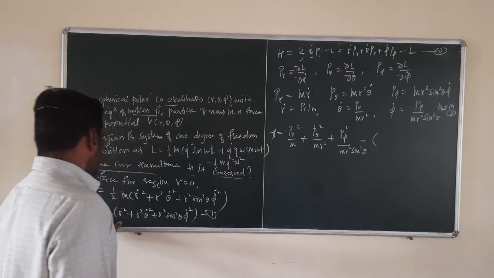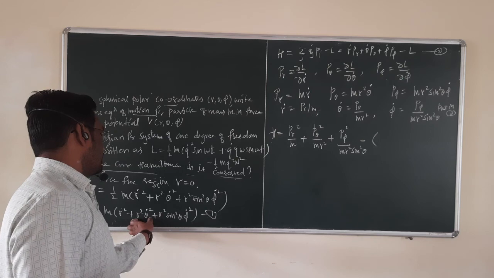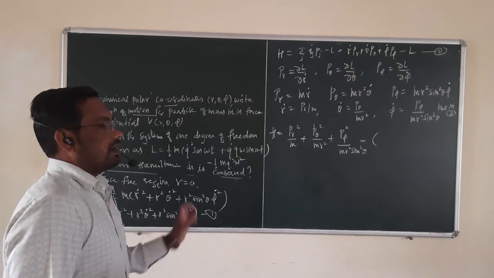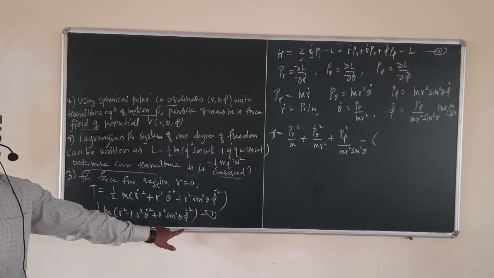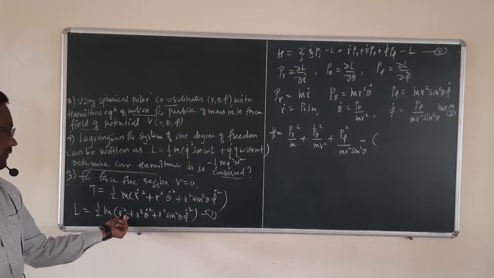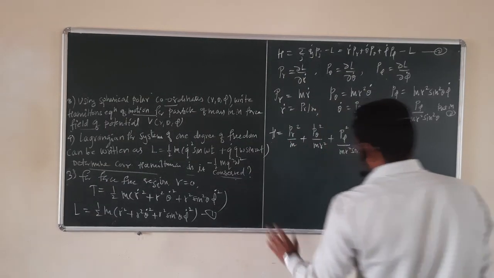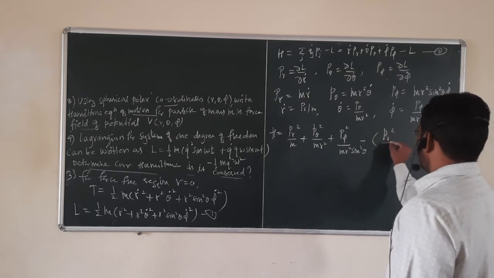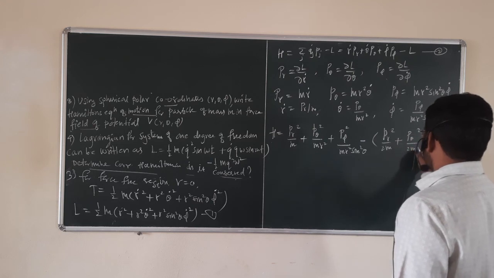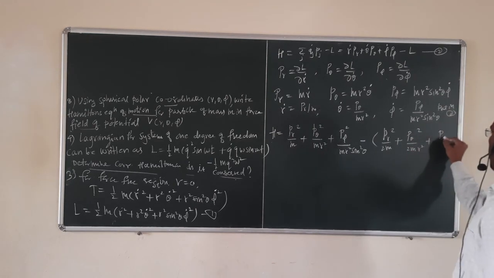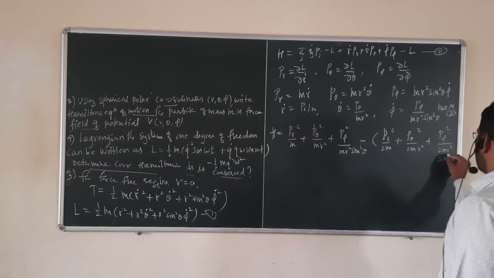So Lagrangian is 1/2 m into (r dot square plus r square theta dot square plus r square sine square theta phi dot square). If you put the values of r dot, theta dot and phi dot from these equations and rearrange corresponding to Pr, I will write directly; you will do this as an exercise. So Pr square divided by twice m plus P theta square divided by twice m r square plus P phi square divided by twice m r square sine square theta.